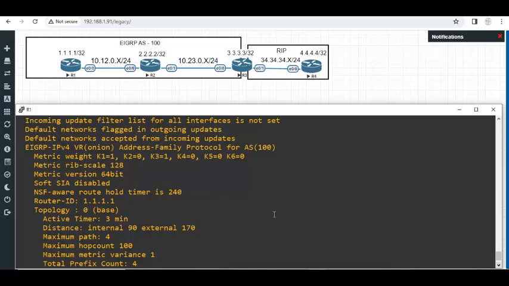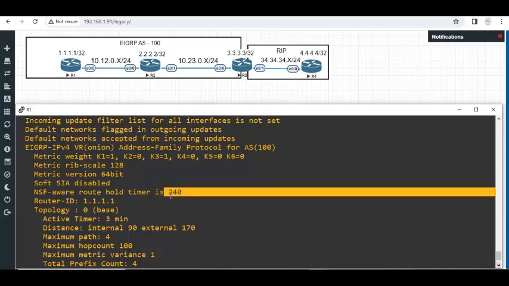It won't immediately impact the data plane. A kind of buffer which holds it for 240 seconds. Not so important, but because you asked, I'm trying to answer this.